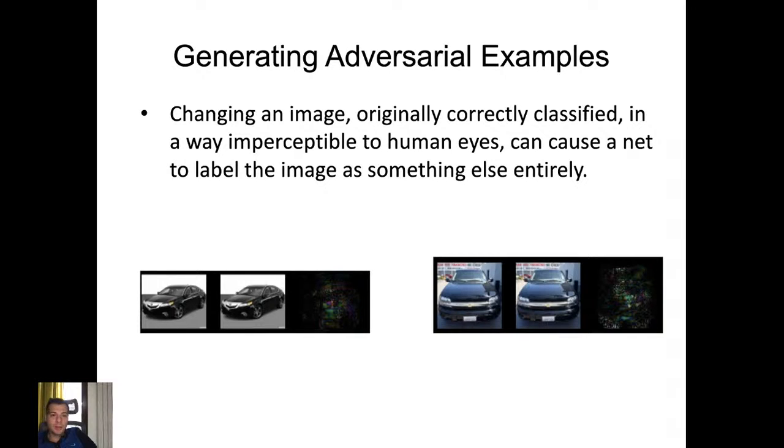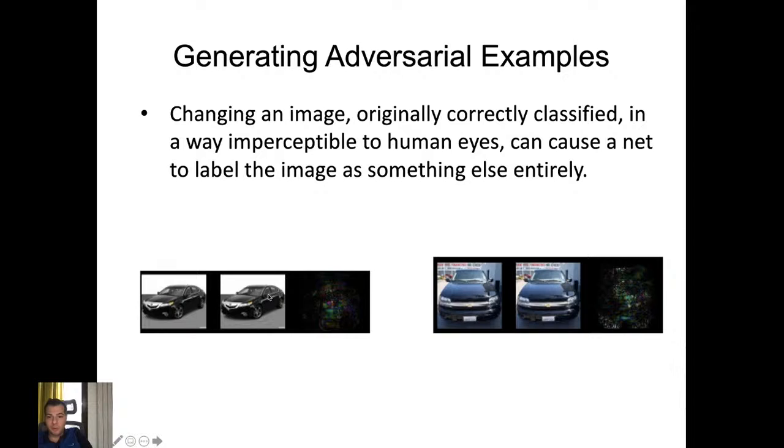Then they also look at these adversarial examples and show that they can generate adversarial examples so that they can change the class of the objects. So in this picture, and we will see more examples such as these during the lecture. So essentially an adversarial example is an example that has a slight change from a natural example. So the change is so small that it's imperceptible to the human eye.